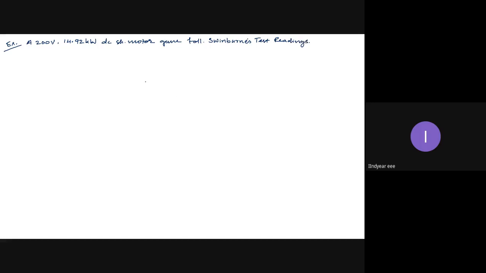Following Swinburne test readings. Running light, okay, and running light, I will write the values. IA naught is equal to 6.5 amperes.